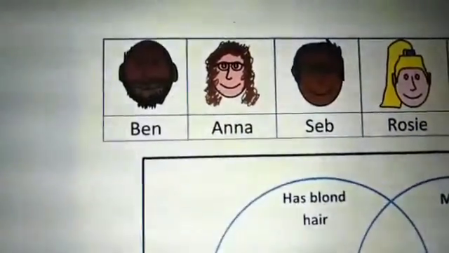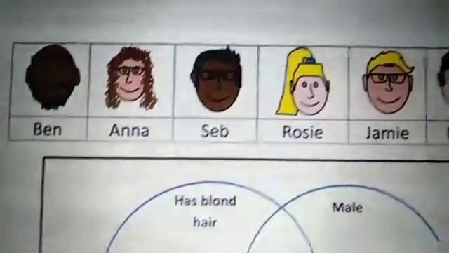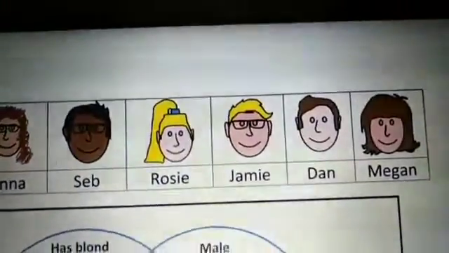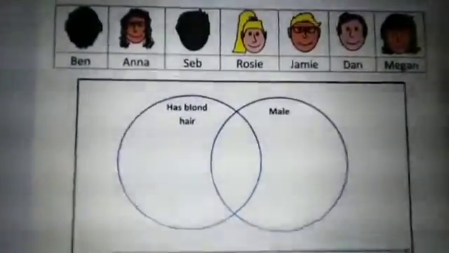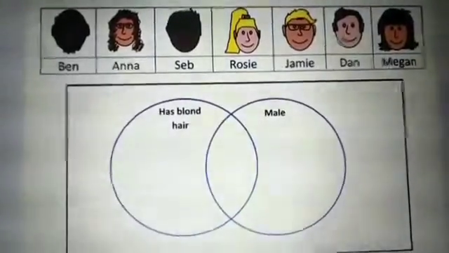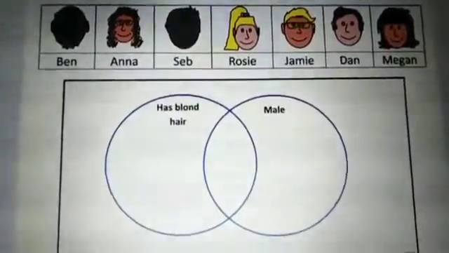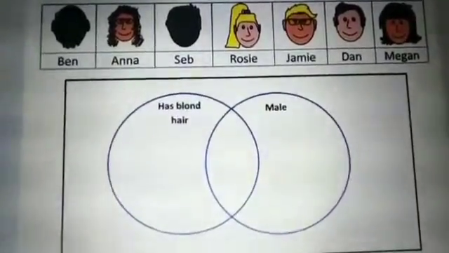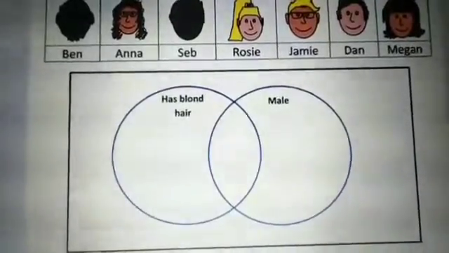Here are the same people again: Ben, Anna, Seb, Rosie, Jamie, Dan, and Megan. But this time we are going to use another Venn diagram to organize them. The first circle will be for people who have blonde hair, the second circle will be for males, and the overlap will be for both: males that have blonde hair.